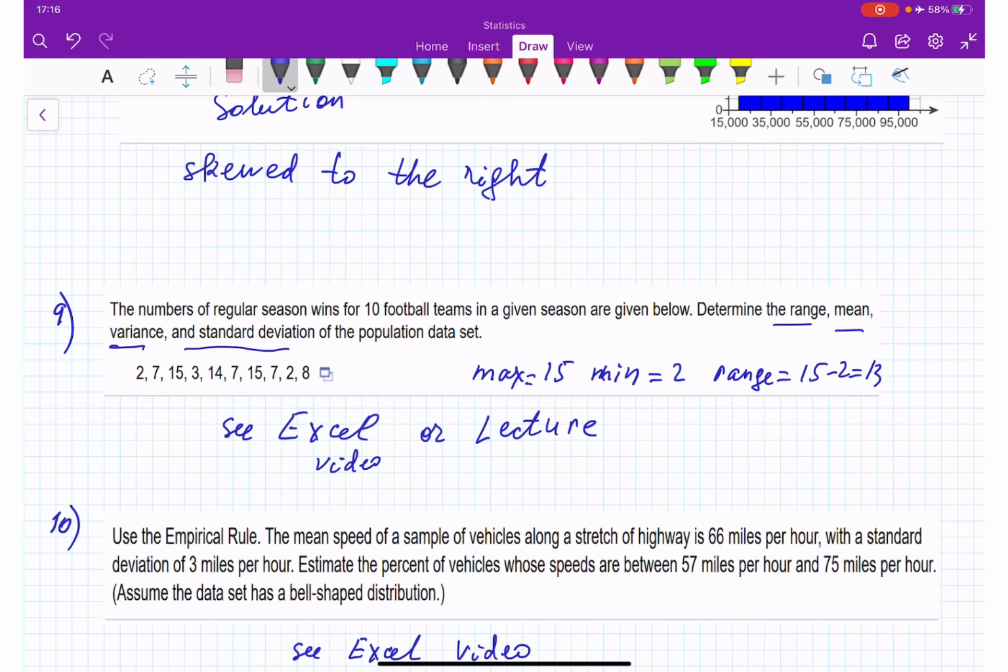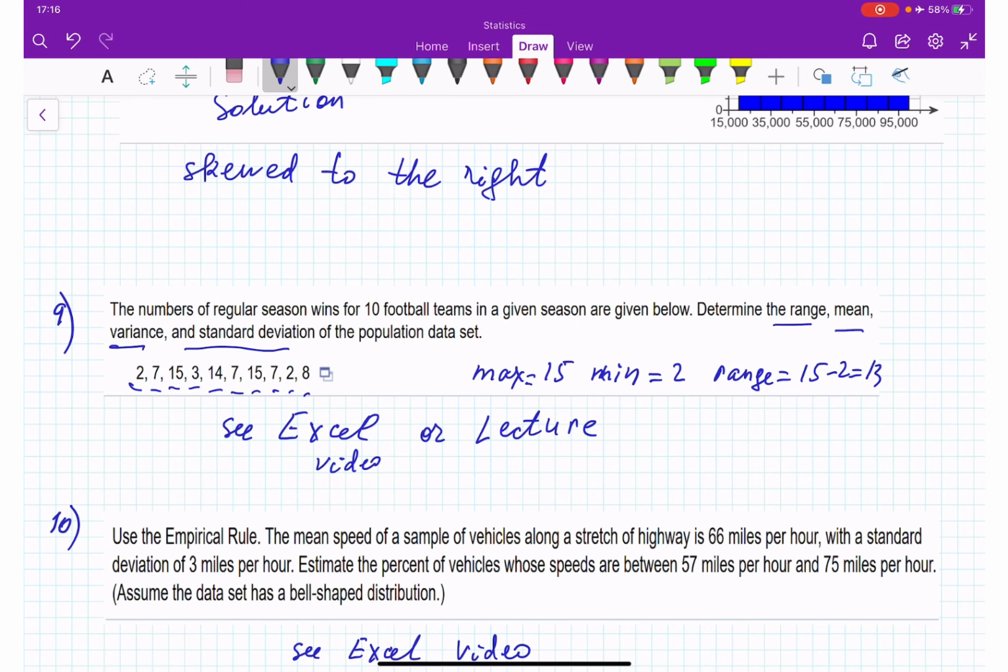The mean also you know how to do, right? Add them up and divide by the number of elements. How many elements? 1, 2, 3, 4, 5, 6, 7, 8, 9, 10. Ten elements. So you add them up and divide by 10. That will be your mean.